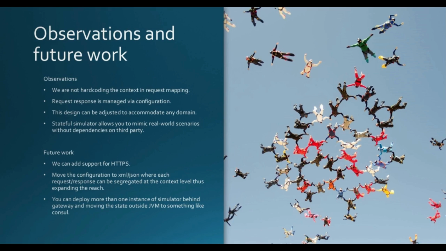Future work: you are open to add on here, add support for HTTPS, move the configuration to XML or JSON, where each request and response can be segregated at context level, expanding the reach. You can deploy more than one instance of a simulator. Let's say you want to use this simulator for performance testing of the client.